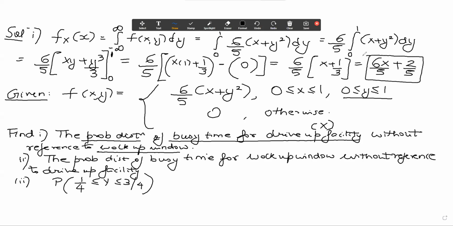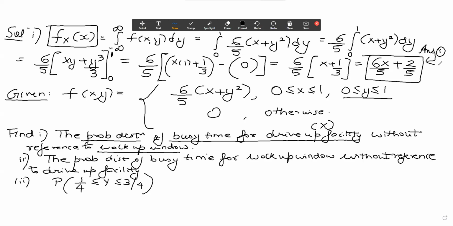So this is my marginal probability density function of the driver facility. So this is my answer for part 1, the probability distribution of the busy time for the driver facility without reference to the walk-up window.